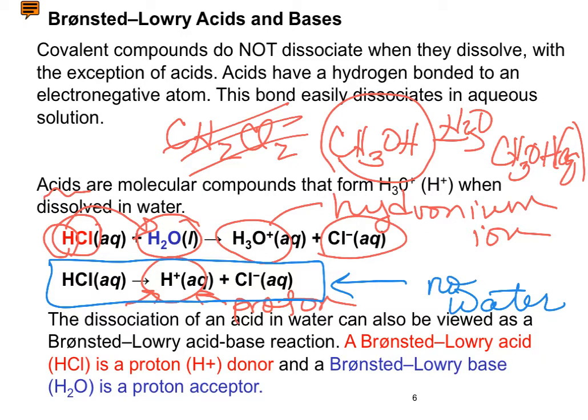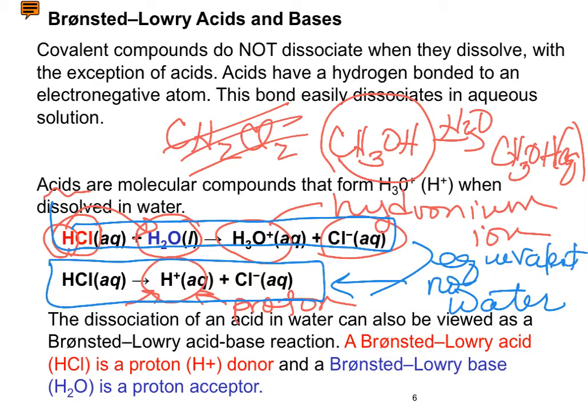And then sometimes you'll see it showing the participation of water. These two representations are considered by chemists to be equivalent. It is understood by chemists that there are no naked hydrogen ions, that hydrogen ions associate strongly with water molecules, and so how they exist at a molecular level is as a hydronium ion.